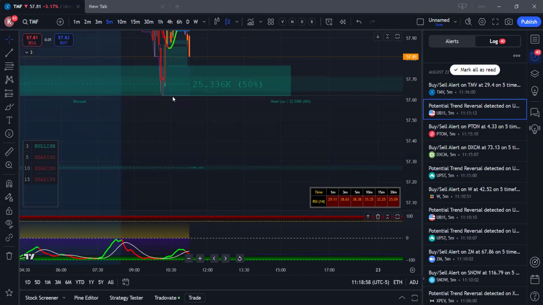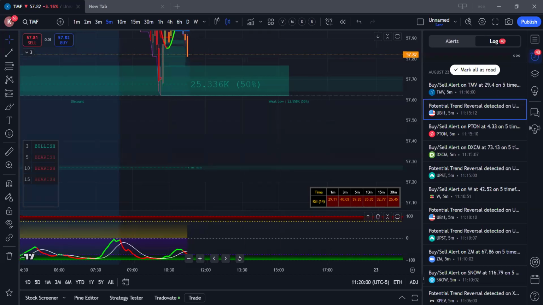TMF options, the 59 put is approximately $1.45. TMF 59 put for this Friday at 1.4.